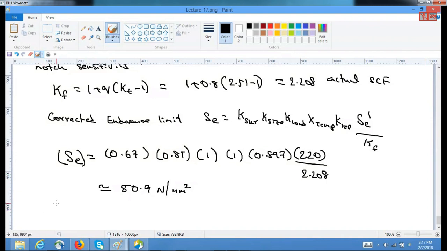We know that sigma A is equal to SE divided by factor of safety. So 50.9 divided by factor of safety 2 happens to be 20.